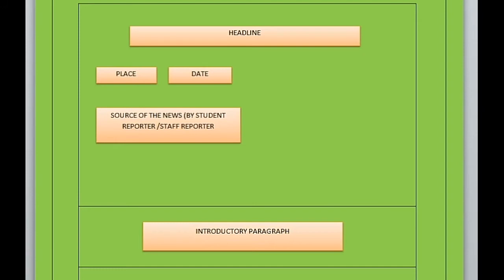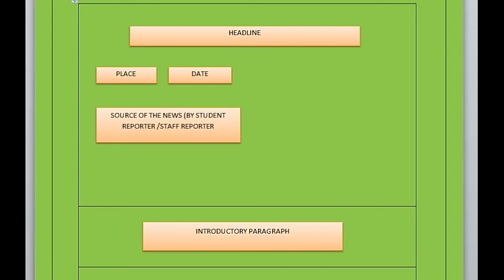Very important, as I said earlier, see what is written there: by student reporter or staff reporter. If it is a general report, write student reporter. If it is a news report, write staff reporter. So three parts are complete: headline, then place, date and source of the news. Place, date and source of the news are together called the date line.